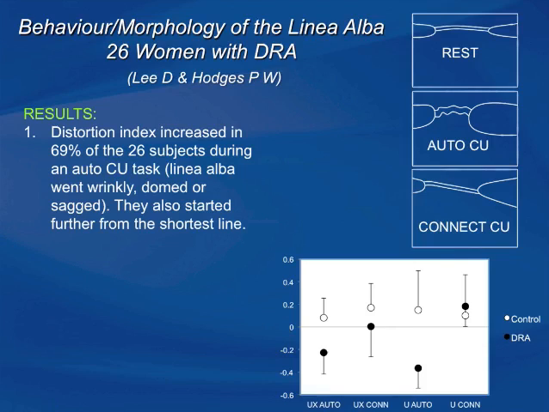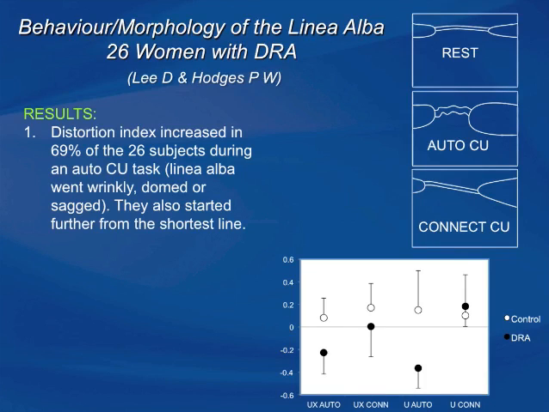So the results in terms of the behavior and morphology of the linea alba in the women with DRA was this. The distortion index increased in 69% of the 26 subjects during an automatic curl-up task, which means that in 69% of them, the linea alba went wrinkly, it domed, or it sagged.